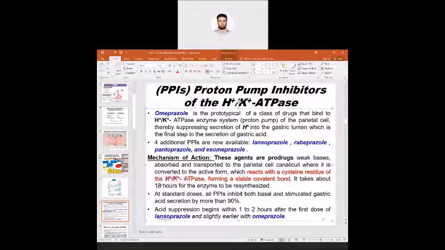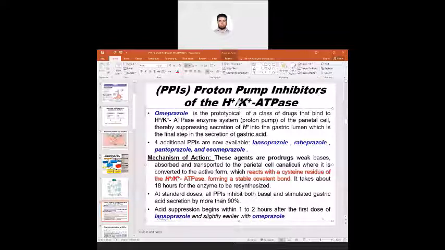So that's why they are considered to be the drugs of choice for the treatment of both duodenal and peptic ulcer, and also for the treatment of gastroesophageal reflux disease, GERD. They are able to inhibit both the basal and food stimulated gastric acid secretion by more than 90%.